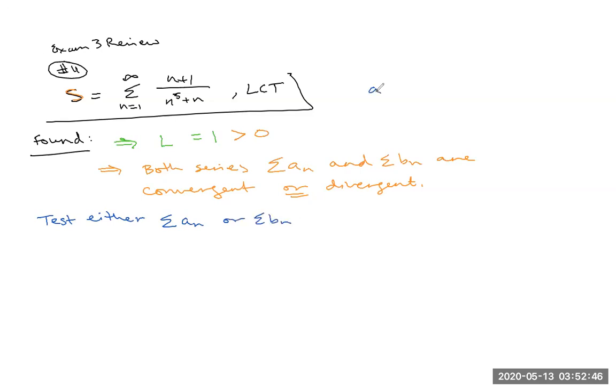Let's put a reminder up here. A sub n, the sequence was n plus 1 over n to the 5th plus n. And B sub n, the sequence is 1 over n to the 4th. If we're trying to test the series A sub n, that's the same thing as S, so that's not going to help us. What we want to test is series B sub n, our comparison part.